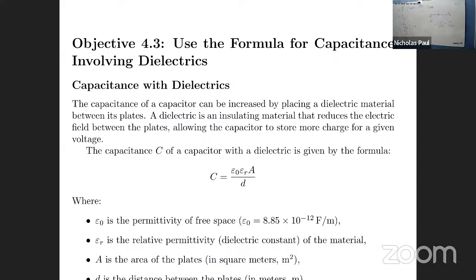It's 2 plates connected to a circuit and something called a dielectric in the middle.